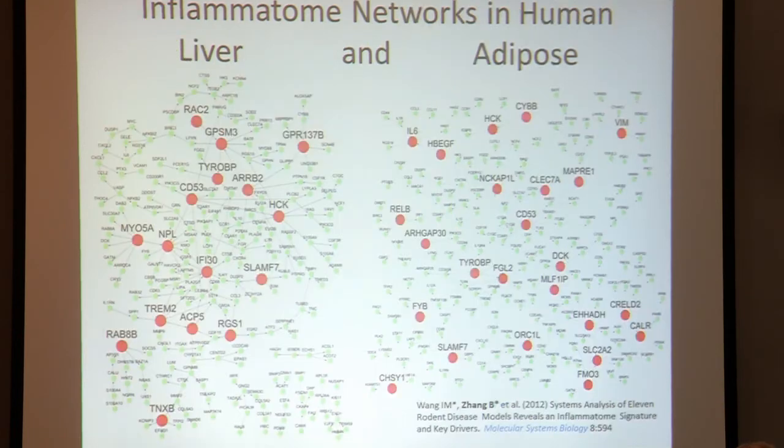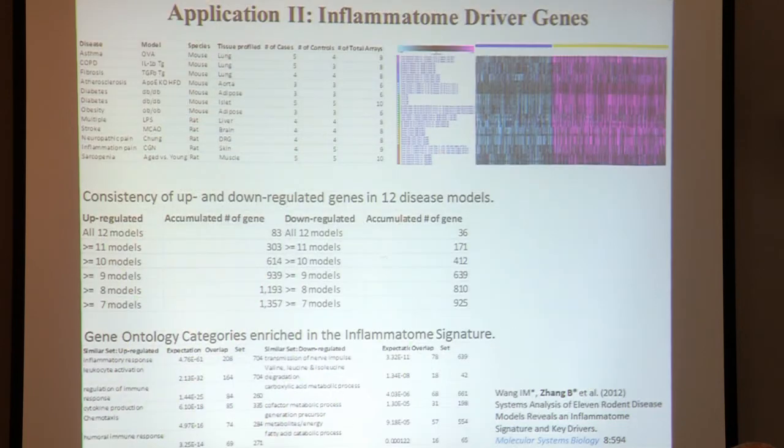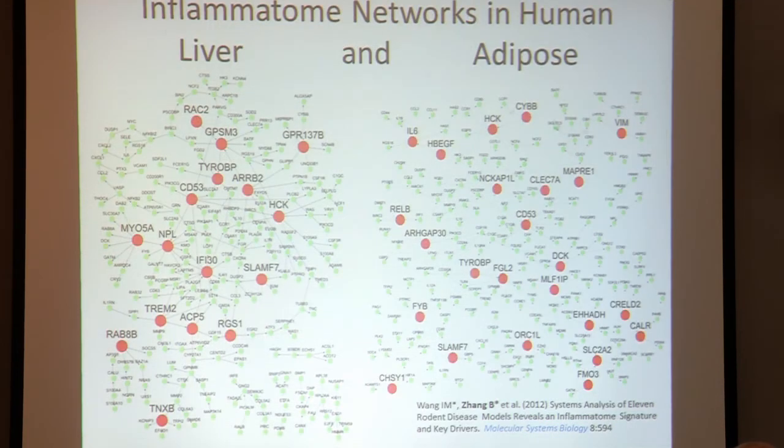Yeah, the inflammatory signature was derived based on the mouse models, 12 mouse models here. And the 2 examples shown here are human, a liver and adipose from multiple large-scale studies and gene splicing studies.